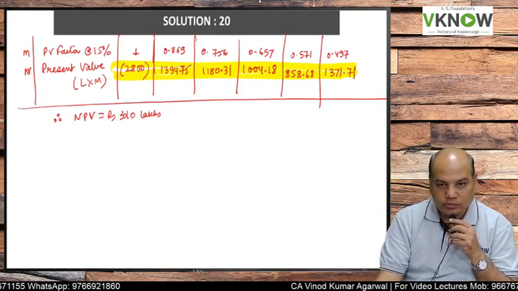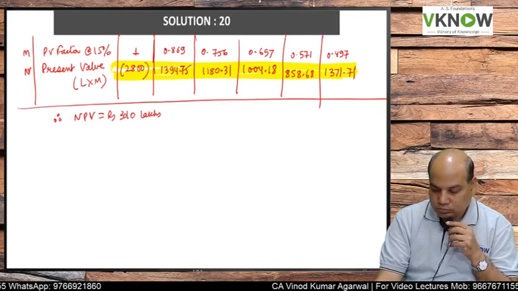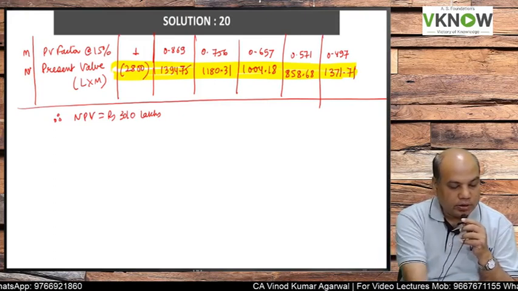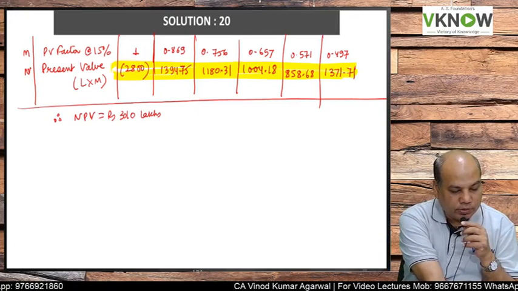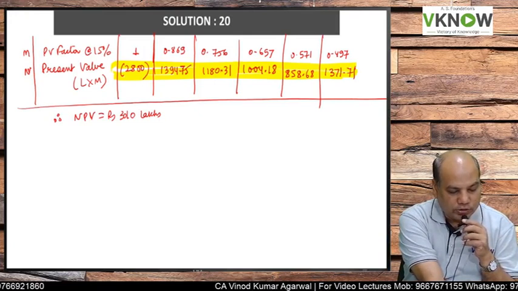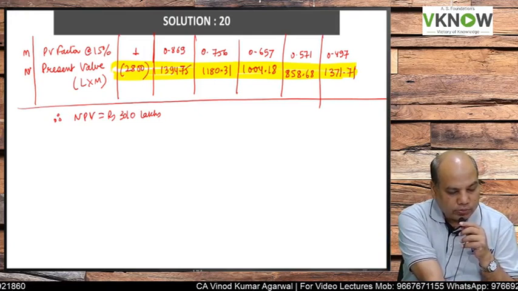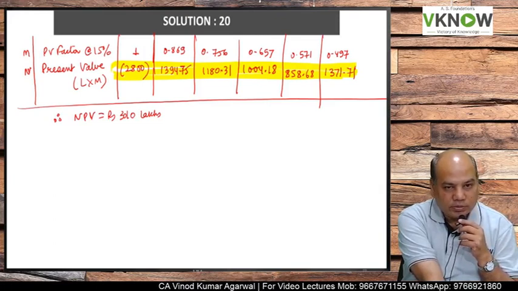Any query on this? Now the question is, determine the sensitivity of the project's NPV under each of the following conditions. So one by one we'll do. Decrease in selling price by 10%.